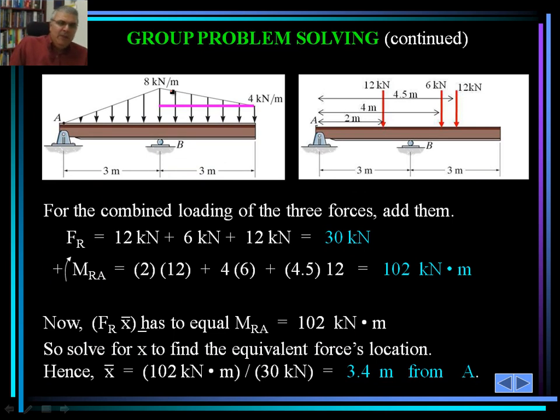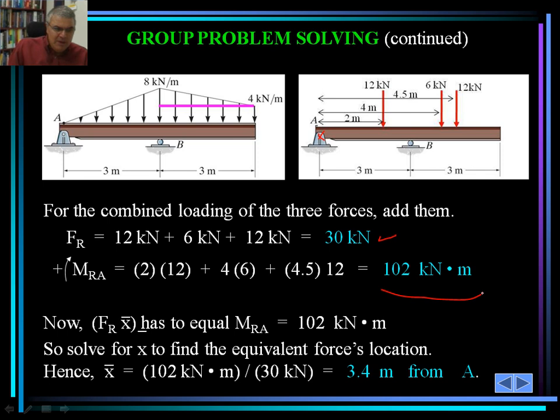For those 3, F sub r is going to be 30 kilonewton. And then we take the moment about the point A, as I just discussed for the previous problem. It's going to be 109 kilonewton meter.